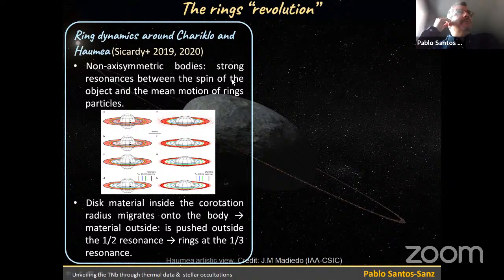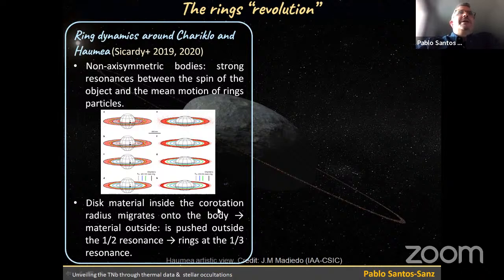One of them is by Bruno Sicardi. Two very nice works, 2019, 2020. They discovered that non-axisymmetric bodies produce strong resonances between the spin of the object and the mean motion of ring particles. These resonances, well, can explain how the rings are formed.